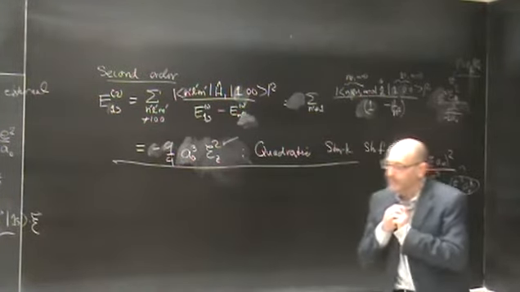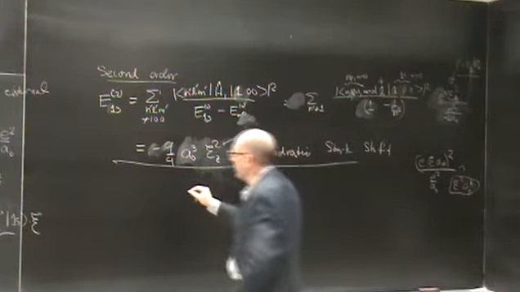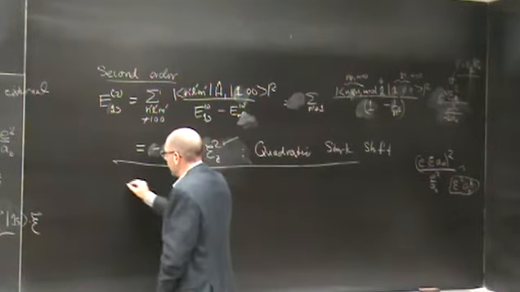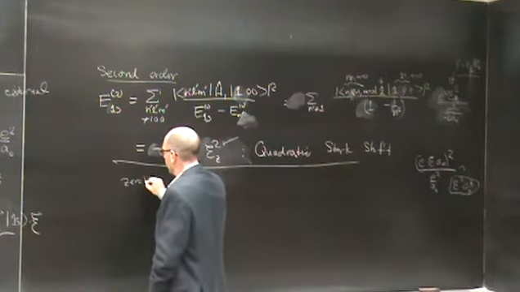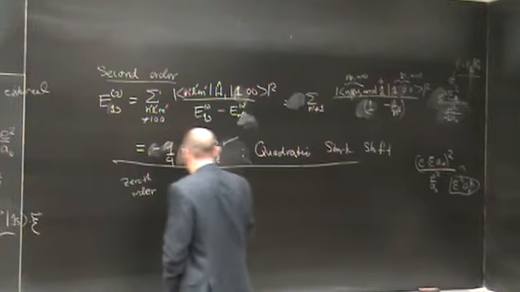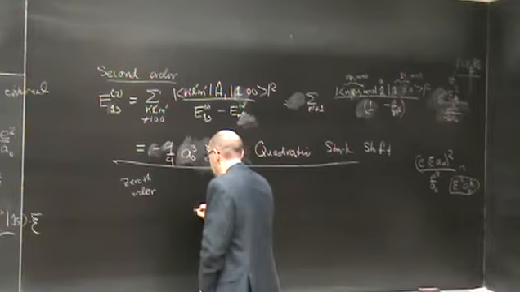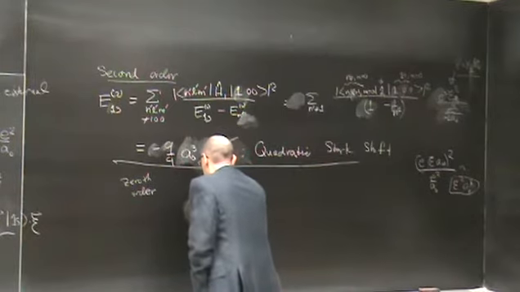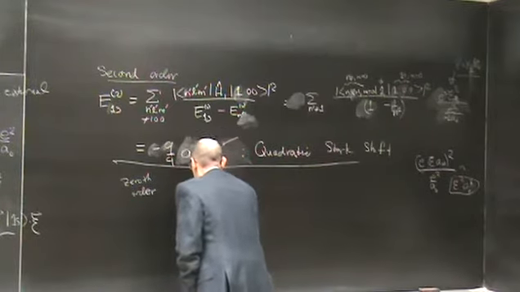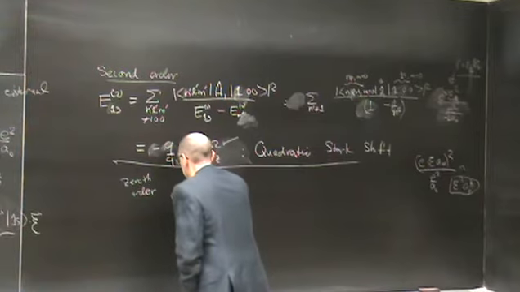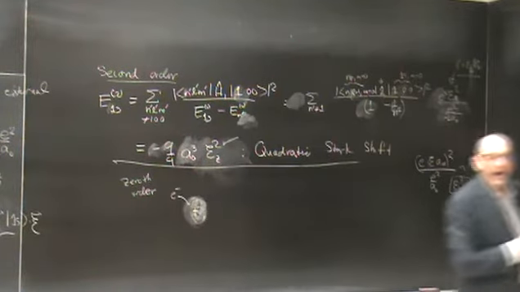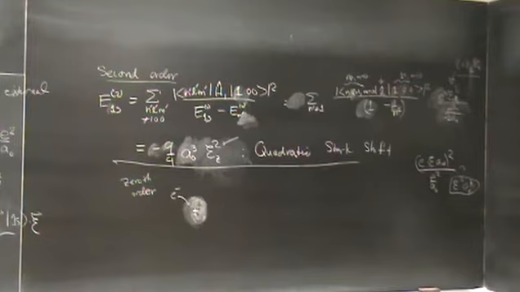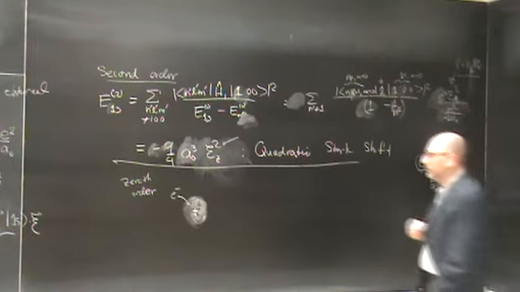Well, if we looked at this in zeroth order, we have our hydrogen atom, which has no electric dipole moment for the case of the ground state, because the electron is in an S state and it has no mean position relative to the proton.